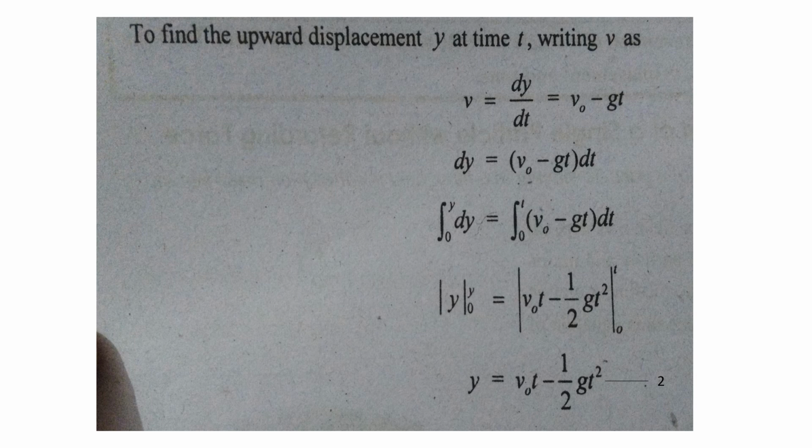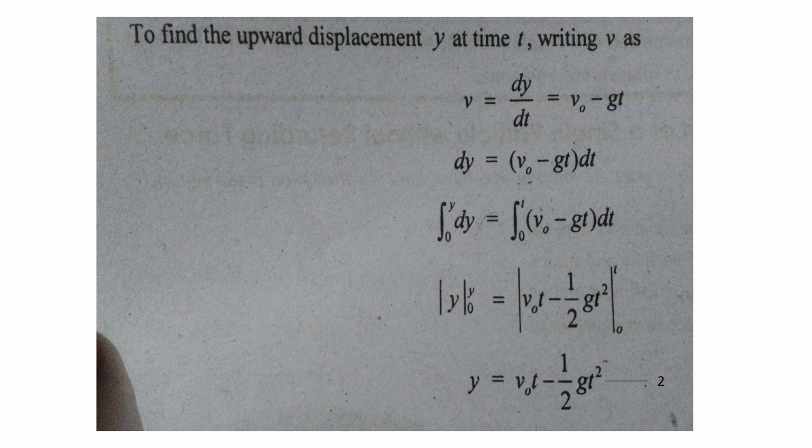Now to find the upward displacement y in the y direction, as the object is moving vertically upward at time t, we can write the velocity v as v is equal to dy over dt, which is got from the equation s is equal to vt. Here s is dy and t will be replaced by dt, so v is equal to dy over dt, and substituting the previous equation, we get dy over dt is equal to v0 minus gt.